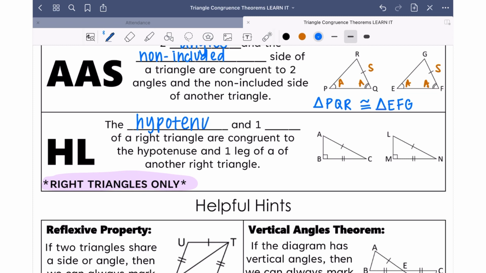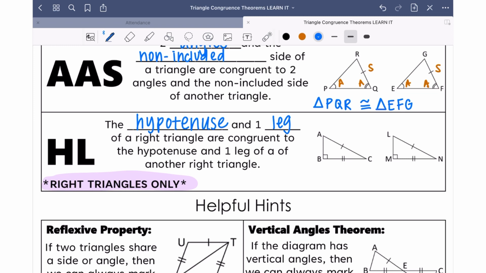You should have heard it before whenever you learned how to do Pythagorean theorem for right triangles. We use the hypotenuse and one leg of the right triangle to prove that it is congruent to another triangle that has the corresponding right angle and a congruent hypotenuse and a congruent leg.